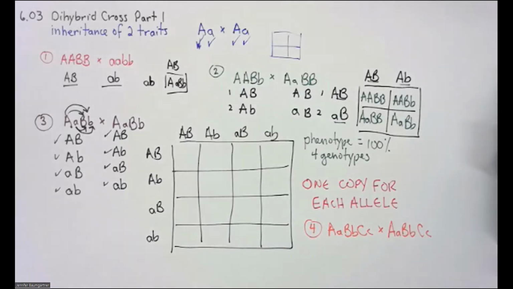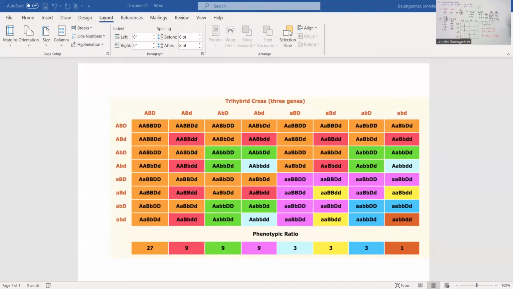Okay, welcome back. Did you give that a shot? All right, I'm going to share my screen and show you what that would look like. Here we have all of the possible combinations, and you'll see that my box is 1, 2, 3, 4, 5, 6, 7, 8 by 1, 2, 3, 4, 5, 6, 7, 8.